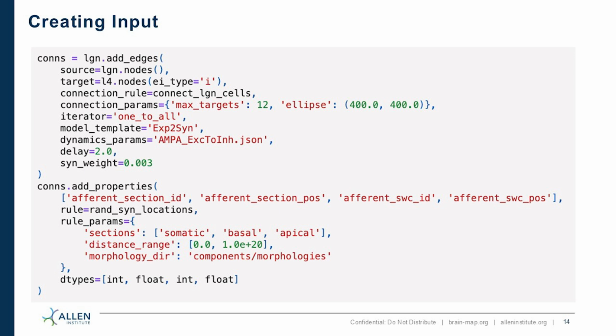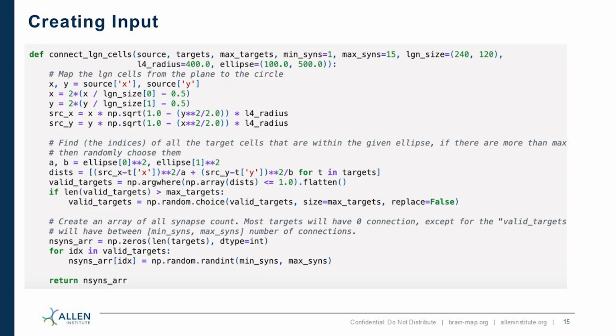And for each of those, it's going to return an integer, 0 or greater, specifying the number of connections between that LGN cell and each of the targets. And because of the rule that we're defining, we're only going to have non-zero values when those cortical neurons are within this ellipse that we're defining here.